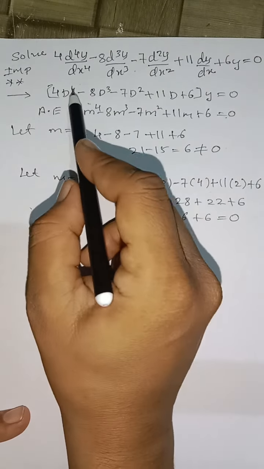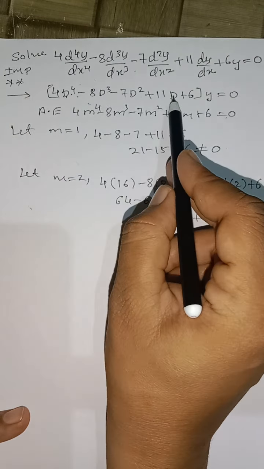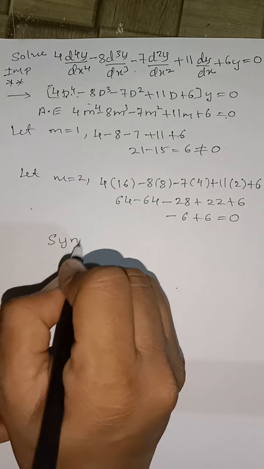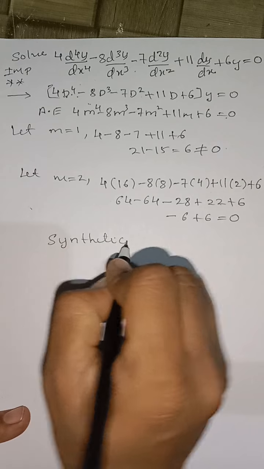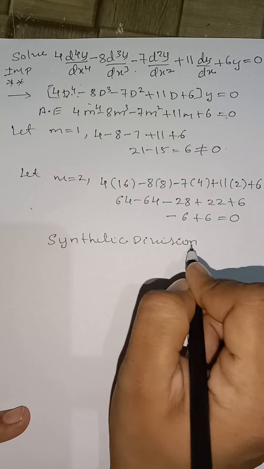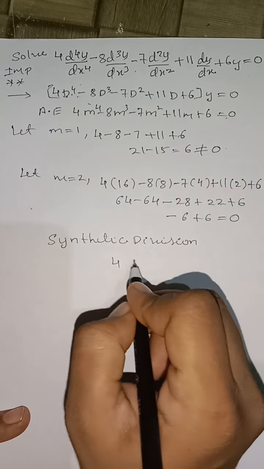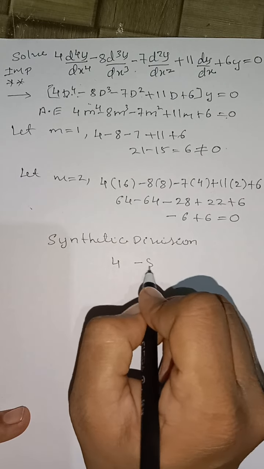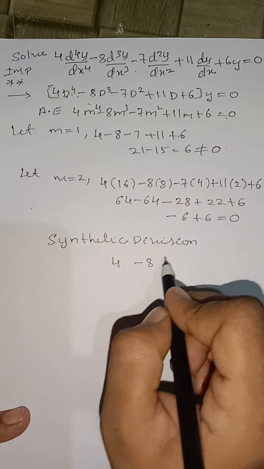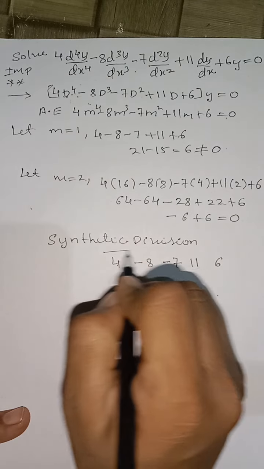Now from the given equation, you go on writing the coefficients of d raised to 4, d cube, d square, d and the constant in this manner. This is known as synthetic division, in order to reduce the fourth order equation to a cubic equation. The first coefficient is 4 of d raised to 4, then minus 8, minus 7, 11 and 6.